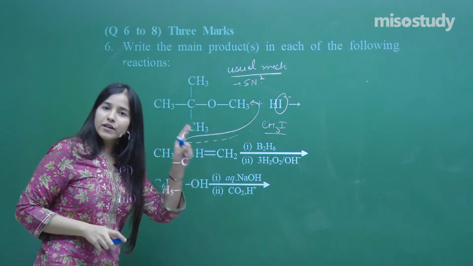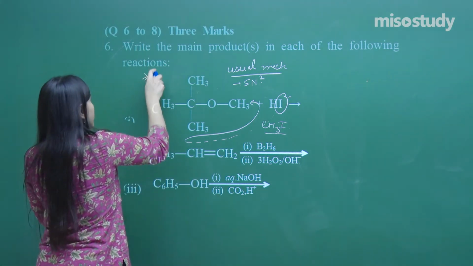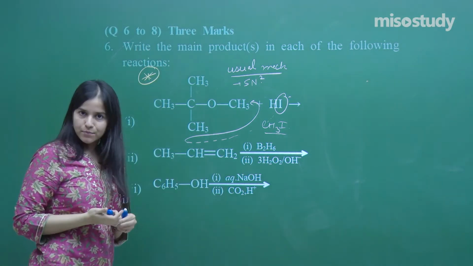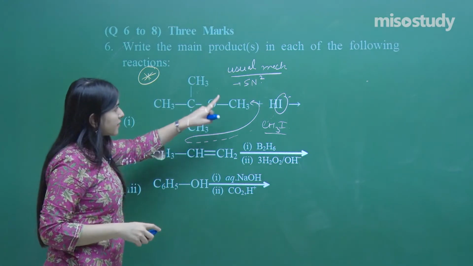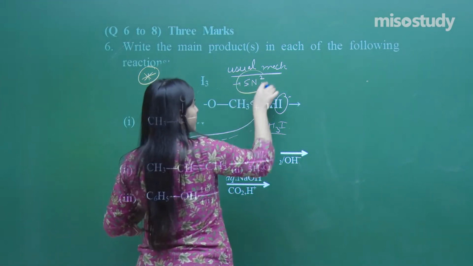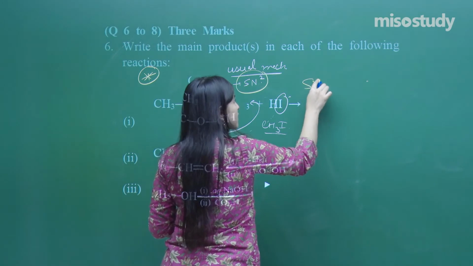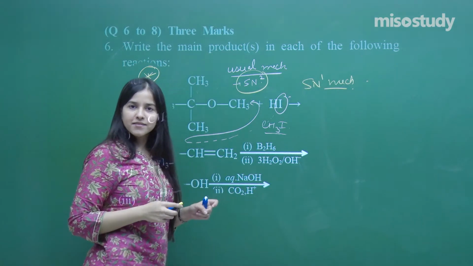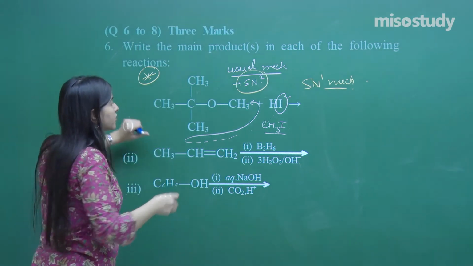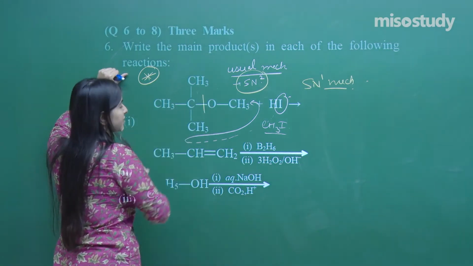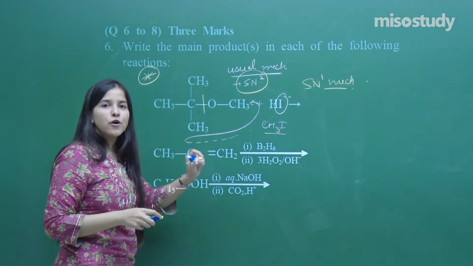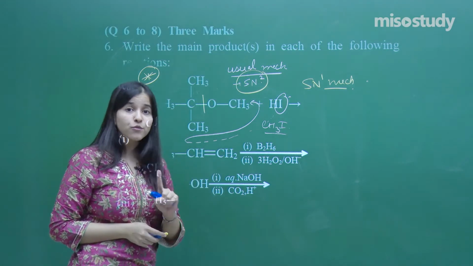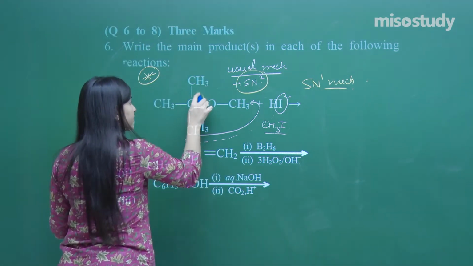Fine, but not in this case. Try to mark it as important. This is an exception. Why? Here, not the SN2 mechanism, but the SN1 mechanism will be followed. Can you tell me why? SN1 mechanism is followed because if we break this, it will form a very stable carbocation, and that is why SN1 is favored over here.